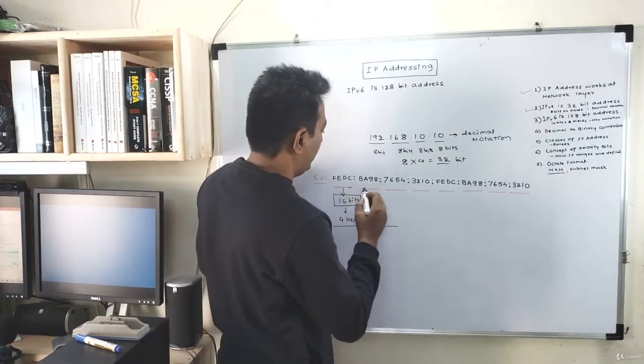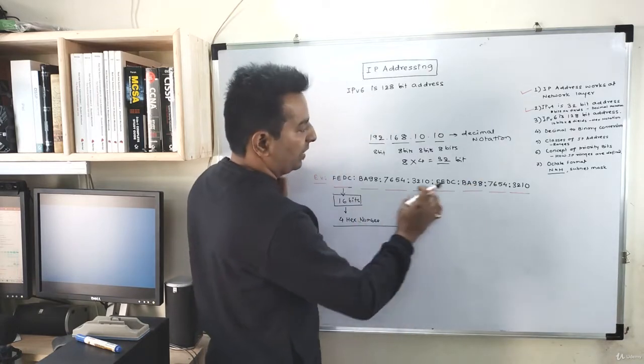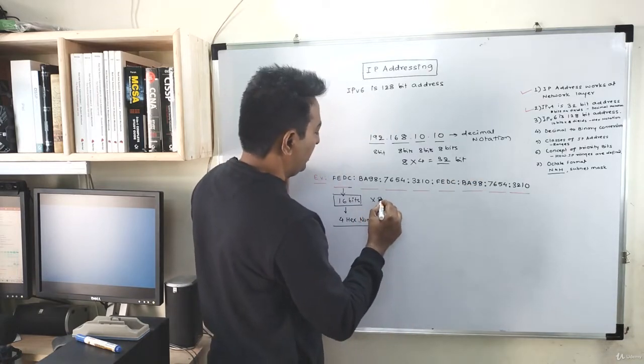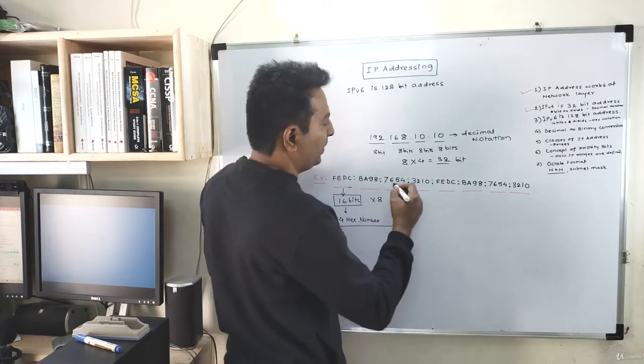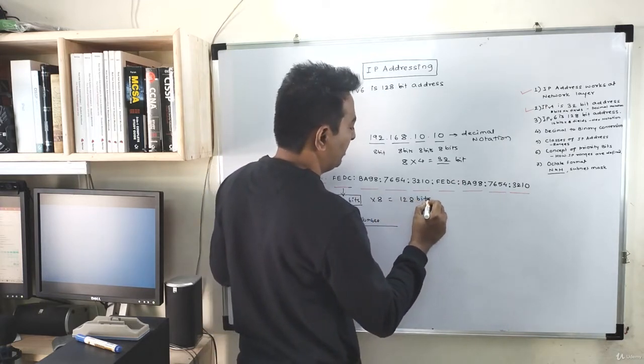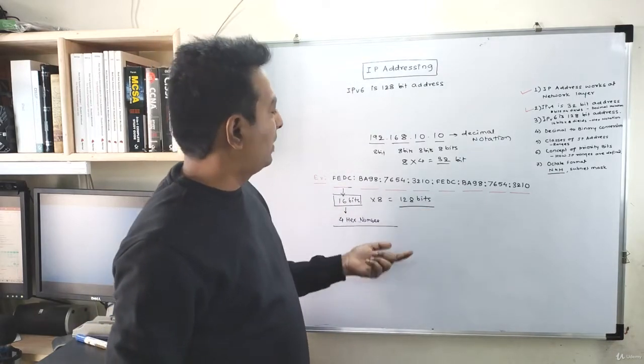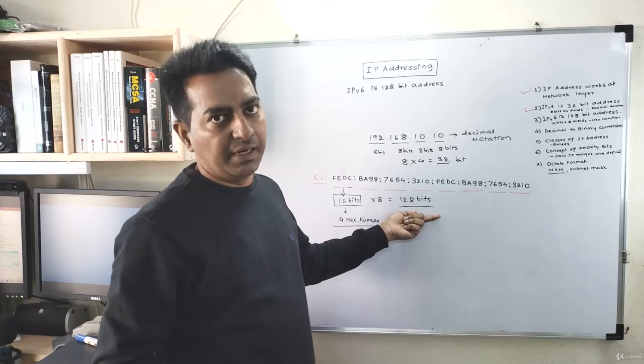If you count the number of fields, the total number of fields are 8. So 16 bits into 8 fields comes out to be 128 bits. So friends, that's the reason why we call IPv6 a 128-bit address.